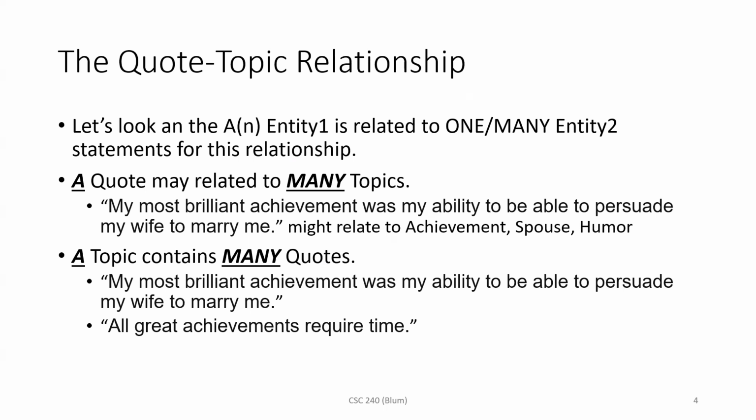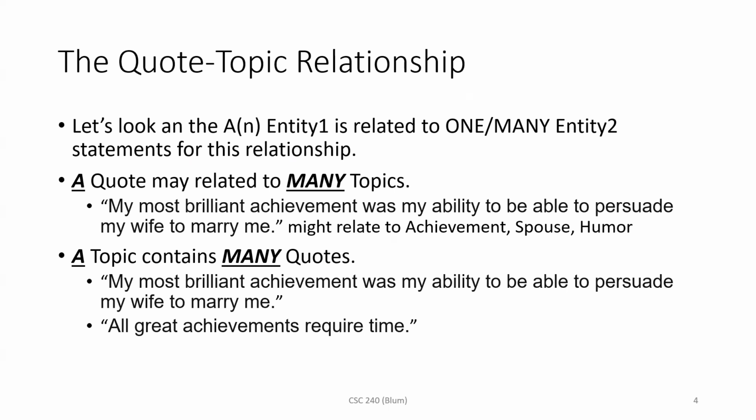I'm always beginning the sentence with a or an, and then entity one, so a quote, a topic, an author. Then in the second part of the statement is the other entity, establishing the relationship between entity one and entity two, preceded by a word, either one or many.